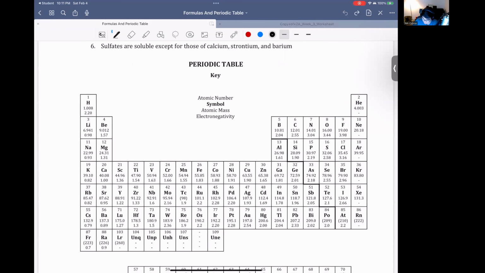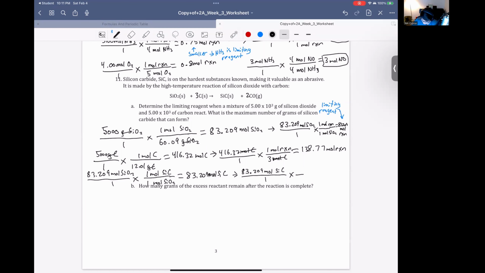Right, silicon weighs how much? Silicon weighs 28.09. Let me write this in, 28.09. Carbon is 12.01. So you add them together, you should get 40.1 grams of silicon carbide for every 1 mole.